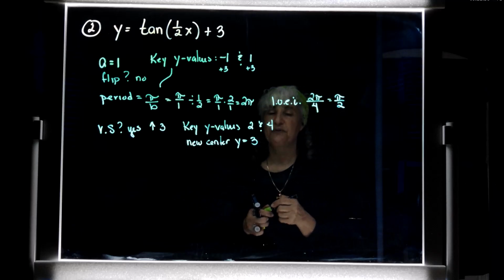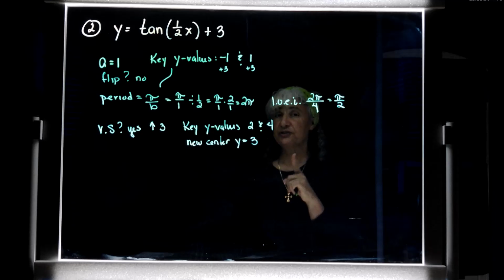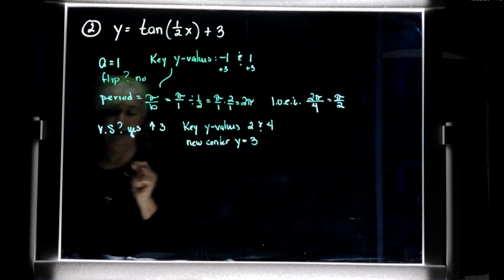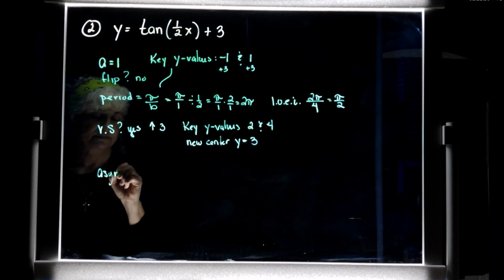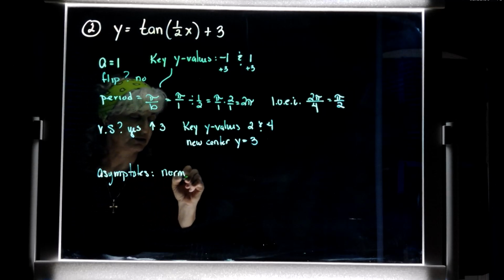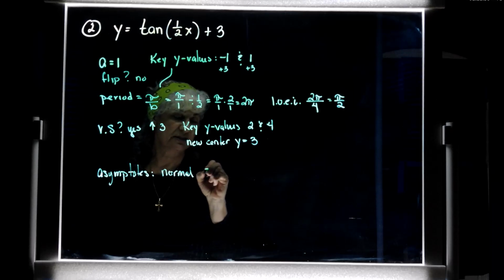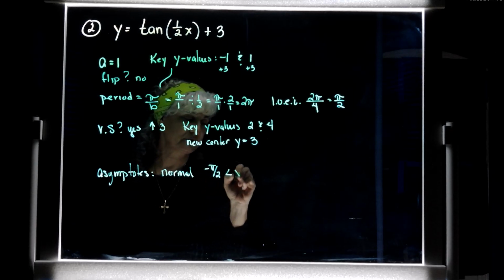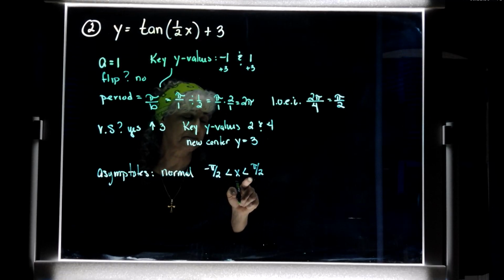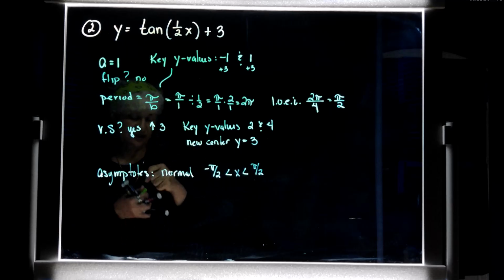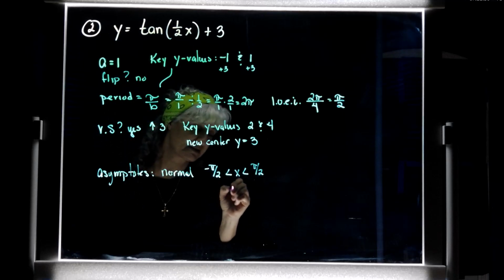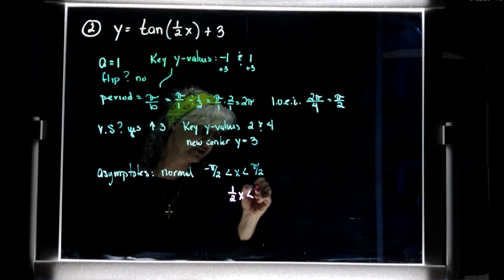Good? Okay. But a characteristic that we identify for tangent that sine and cosine don't have are asymptotes. Remember, the normal asymptotes for tangent go from negative pi over 2 to positive pi over 2, not including, because those are asymptotes. In this case, you have a 1/2 in front of the x.